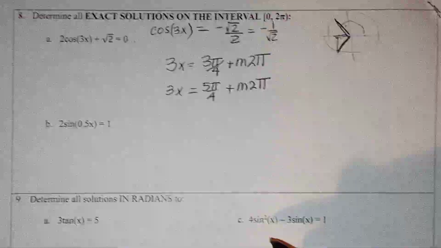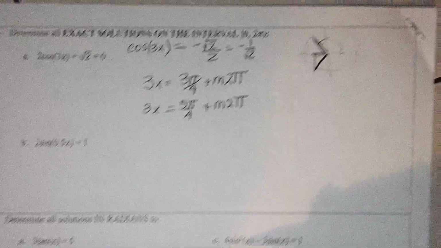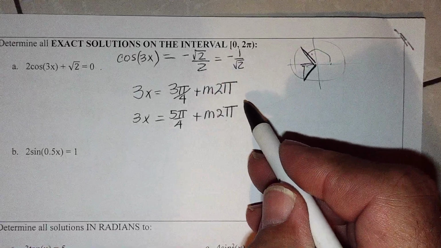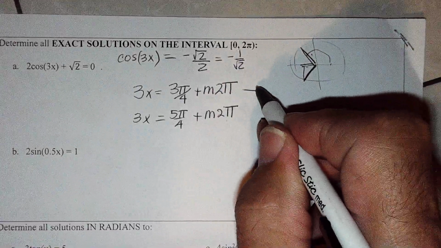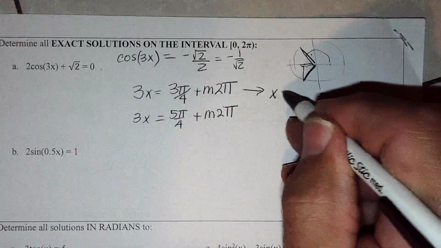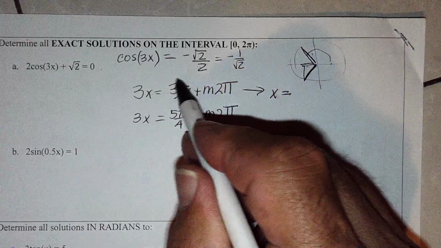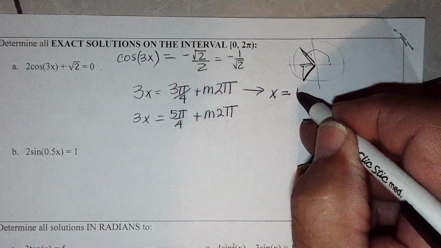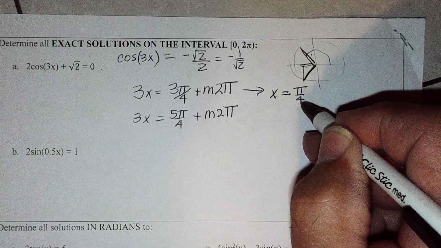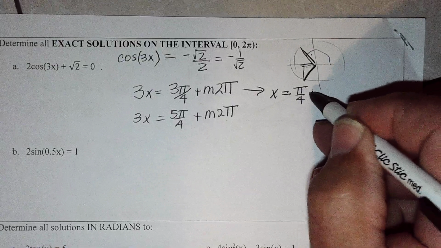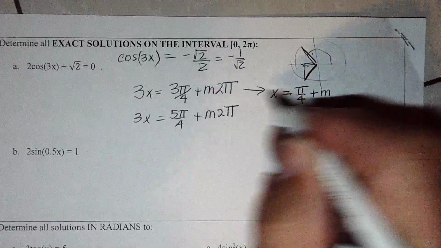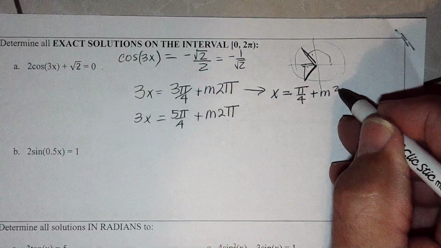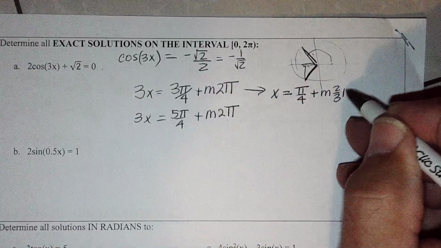So now to find the solutions for x, I have to divide everything by 3. So this one goes to x is equal to, if I divide that by 3, I get pi over 4 plus multiples, and if I divide that by 3, I get 2/3 pi.